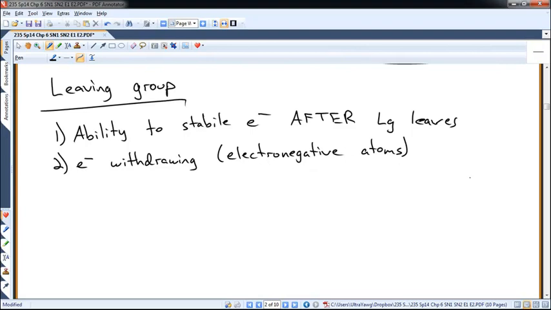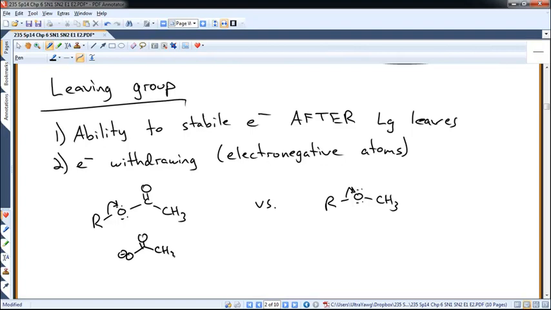In class I gave this example. Here's acetate, where the leaving group will be the oxygen-carbon bond doing this, and compare that to methoxide, where the leaving group will be this. In one case, you get that.